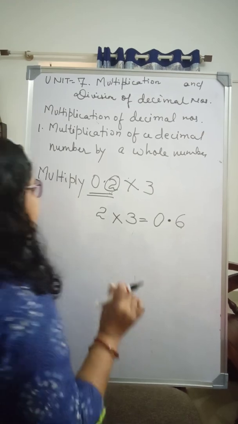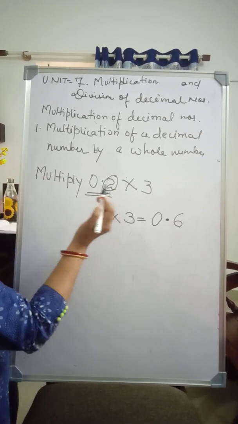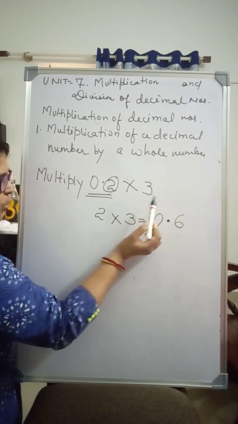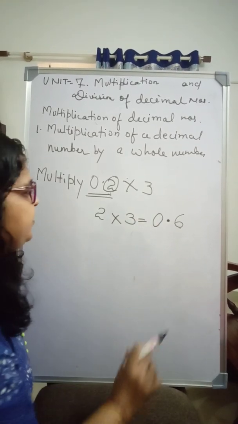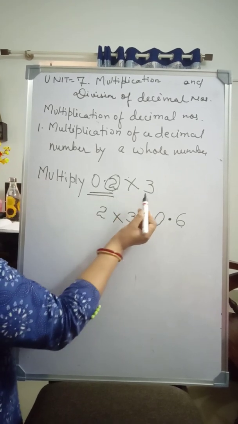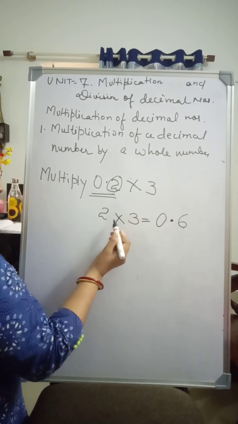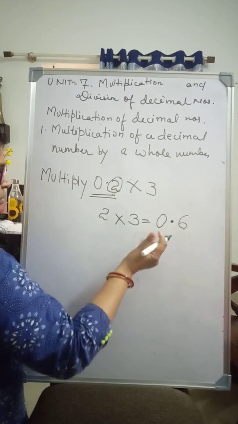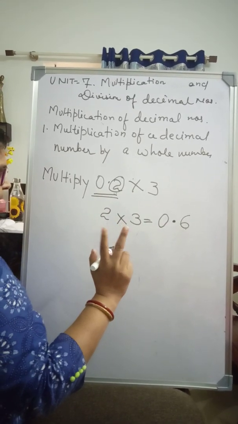Now always please pay attention here. Whenever we are multiplying a decimal number and a whole number, what will you do? Ignore the decimal and just multiply the numbers 2 and 3. So 2 times 3 is 6. Now second step.